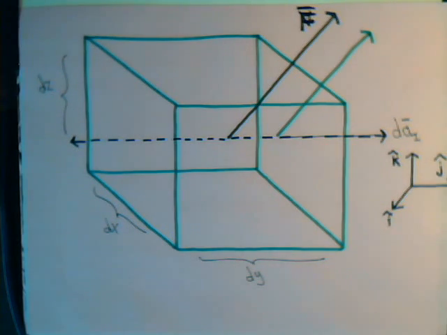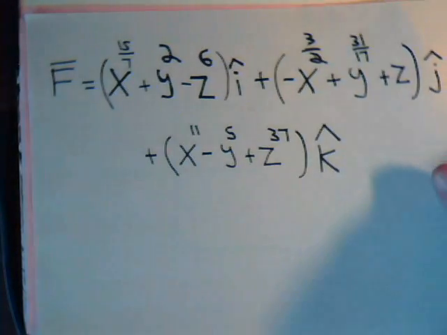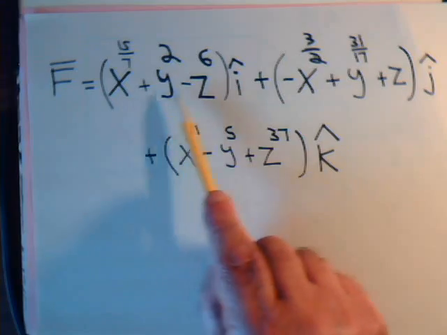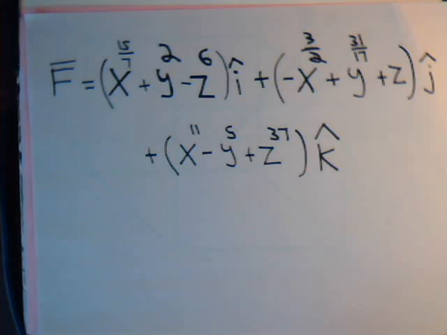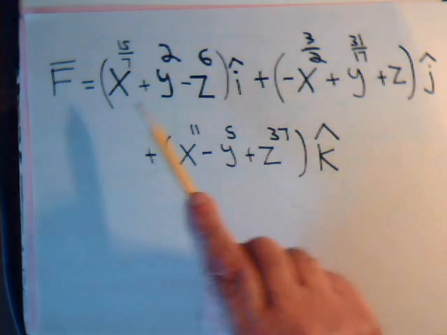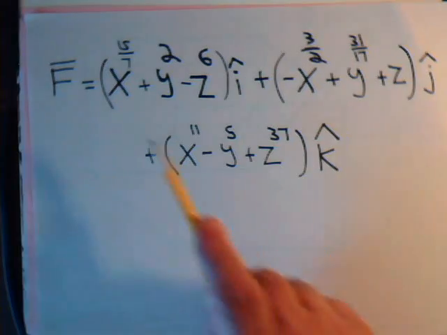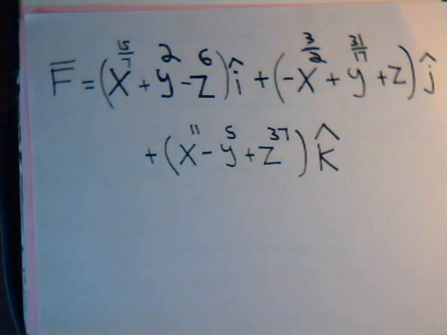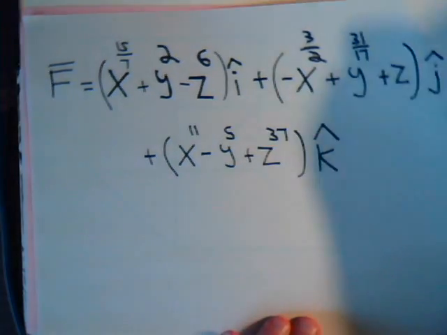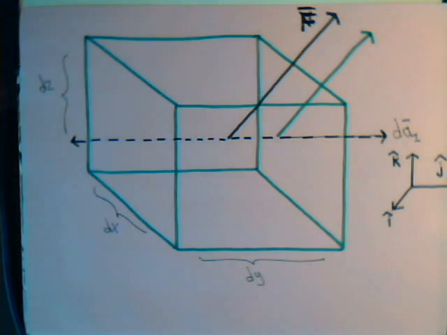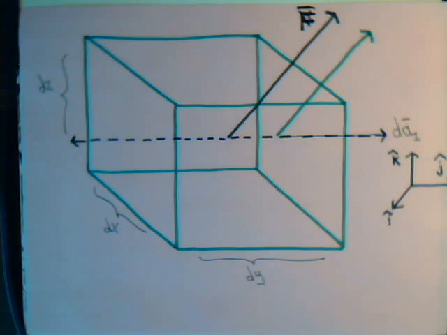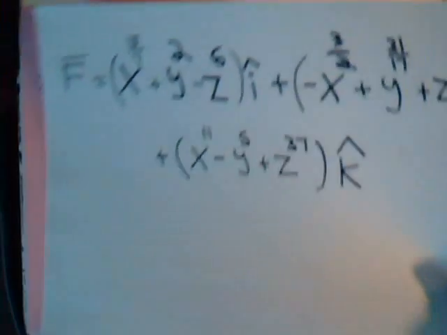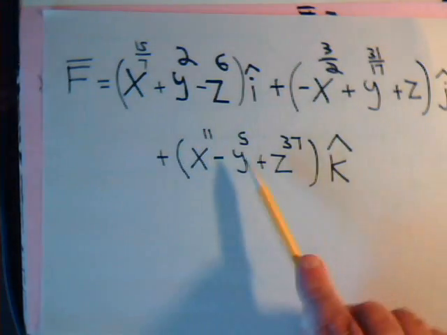With most of our problems, we're in a vector field, so that each of the f1, f2, and f3 components of the vector can be a function of the x, y, and z variables. This, of course, is just hypothetical here for these specific values, but the point is that when we move the vector from here over to here, we're moving it in a y direction, so that would change the y components of the vector.